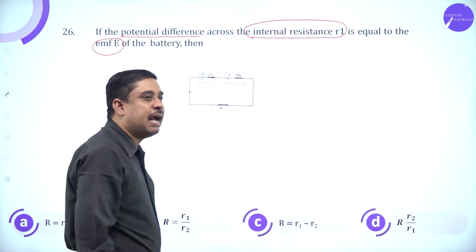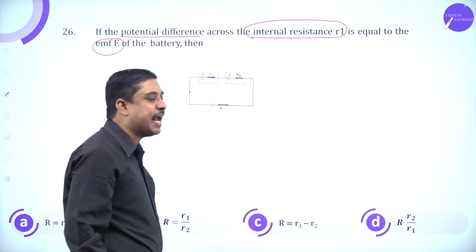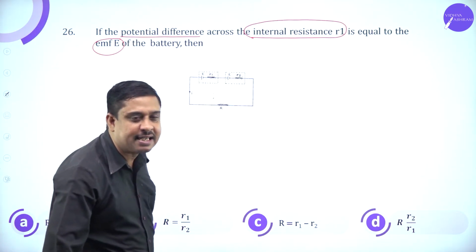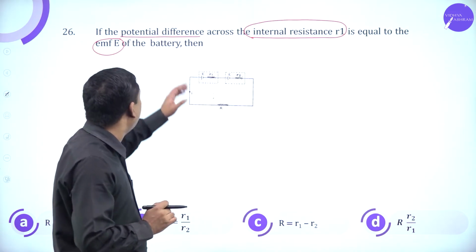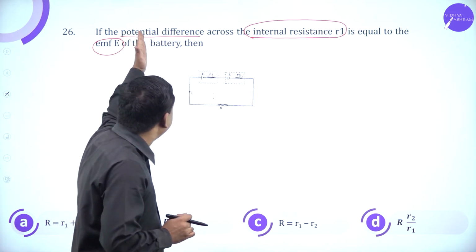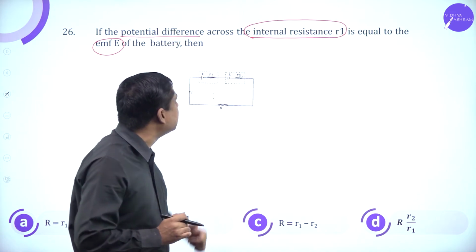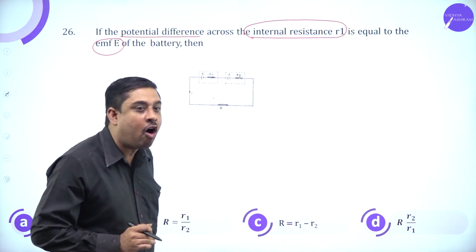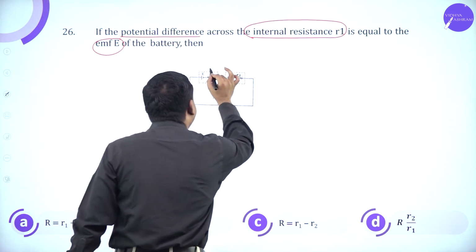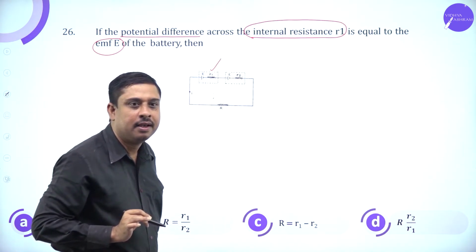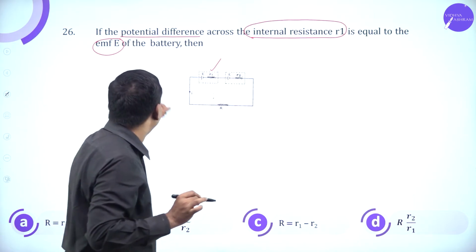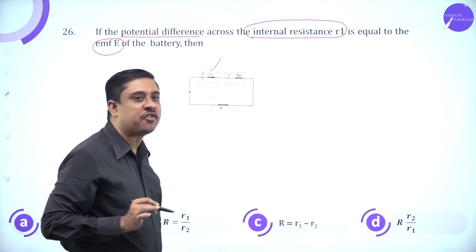Then I have to calculate the external resistance. What is the given condition? Potential difference across the internal resistance R1 is equal to what? He says EMF of the battery.